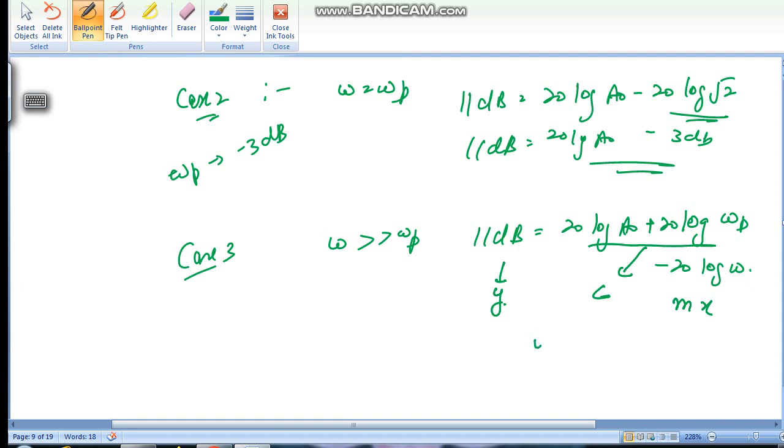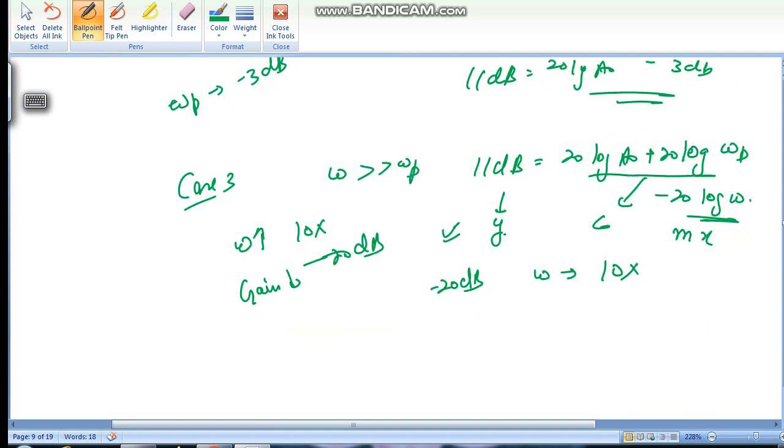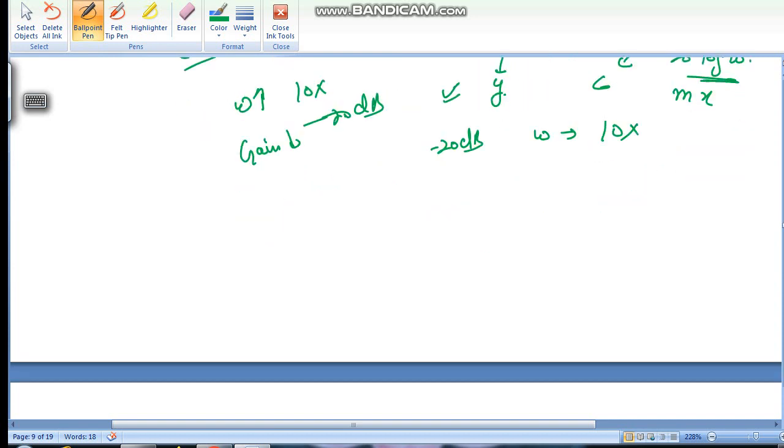Now suppose we increase omega by 10 times, then this term will be minus 20 dB, and this shows that the gain is reduced by 20 dB. So if we increase the frequency by 10 times, the gain is reduced by 20 dB. This gives us the gain roll off for a single pole system of minus 20 dB per decade.